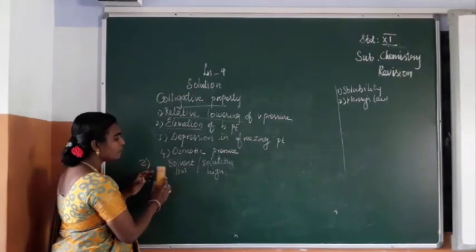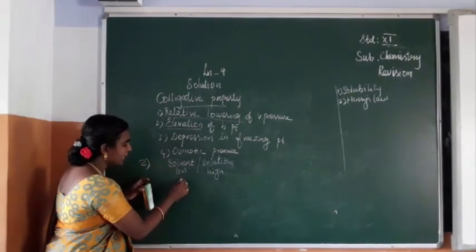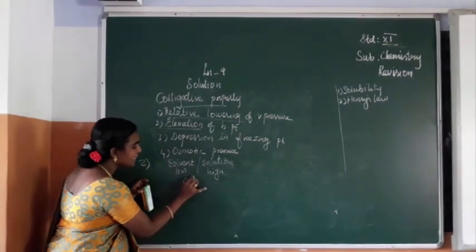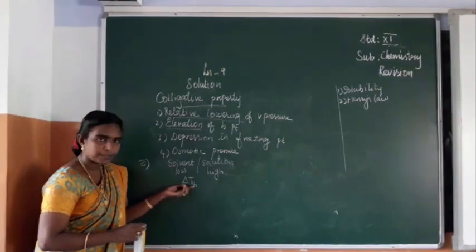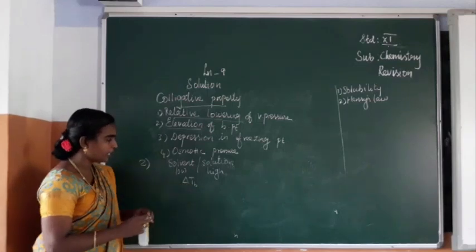This elevation of boiling point is denoted like this, delta Tb. Okay, delta Tb represents the elevation in boiling point.